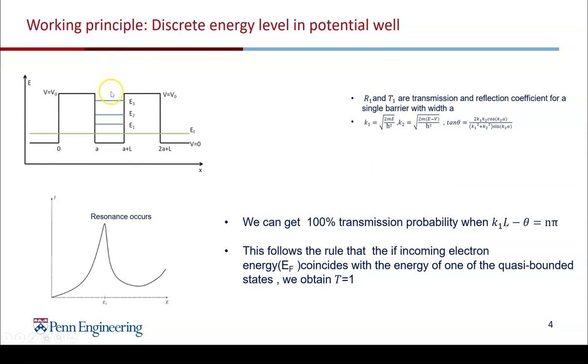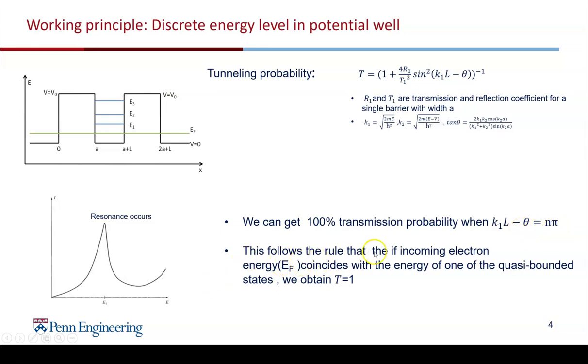The working principle. First, we need to know the discrete energy levels in a potential well. This could result in a tunneling probability in this form, and we can get 100% transmission probability if we observe this equation and find that when K1L minus theta equals n pi.